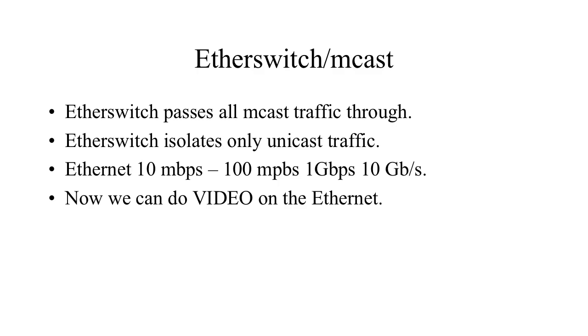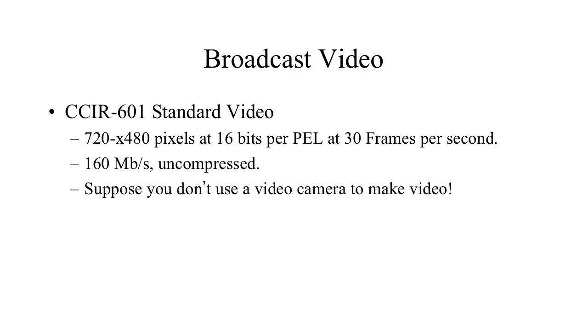Ether switches typically only isolate unicast traffic, and you can get Ethernet to run at a variety of relatively high speeds. And so as a result, we can now do video on the Ethernet, and in fact, a number of commercial enterprises are now doing that. So broadcast video uncompressed.